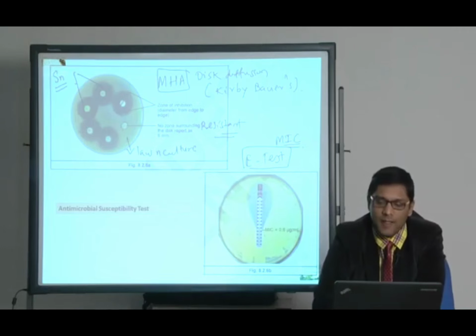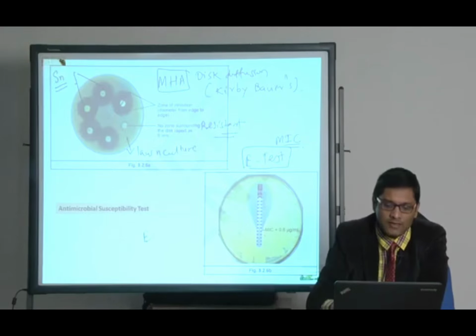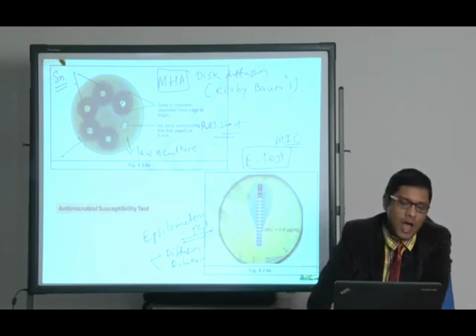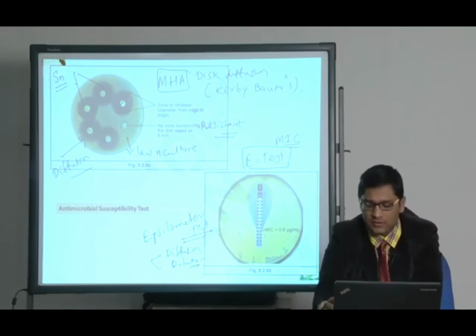So MIC of the particular antibiotic is calculated by E-test. The full form of E is epsilometer test. It works on the principle of both diffusion and dilution, whereas here only diffusion principle is used, whereas here both diffusion and dilution principle is used.